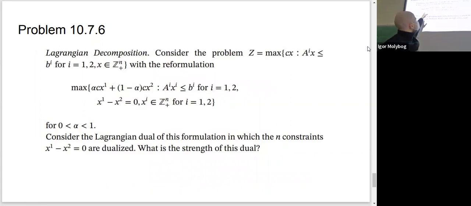If you aim at dualizing this problem, you would have a decomposed objective function, a summation of two functions, and two sets of inequalities which are independent of each other.